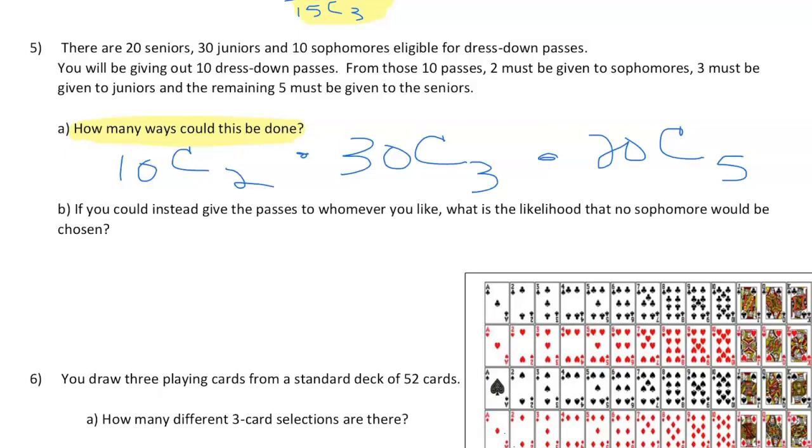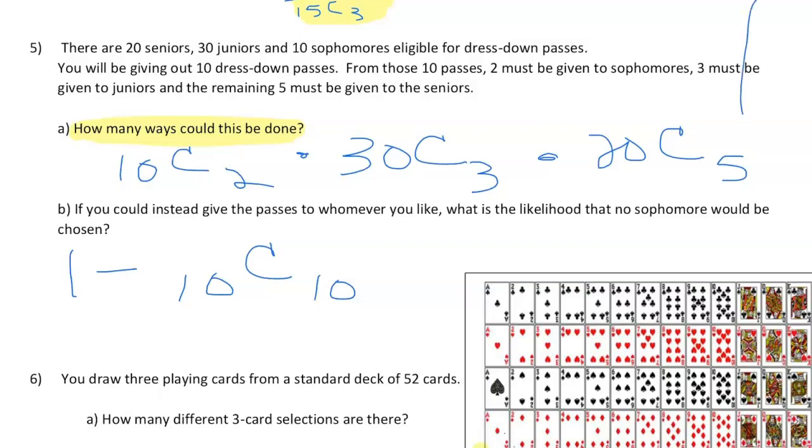So you can do the 1 minus, all the sophomores get them. That would be the likelihood that no sophomores would be chosen. The 1 minus that all sophomores are chosen. So that's doing the complement.